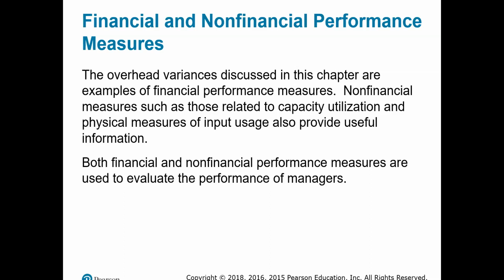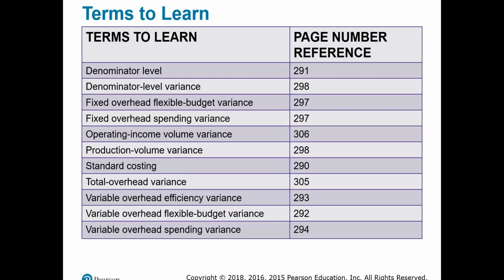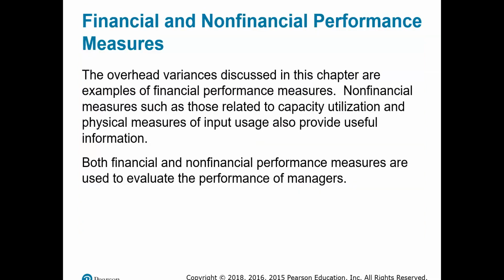How well are we managing the department, the plant, the shift, and so forth? So we can use financial and non-financial performance measures to evaluate management. And that ends our discussion of flexible budgets, overhead cost variances, and management control.